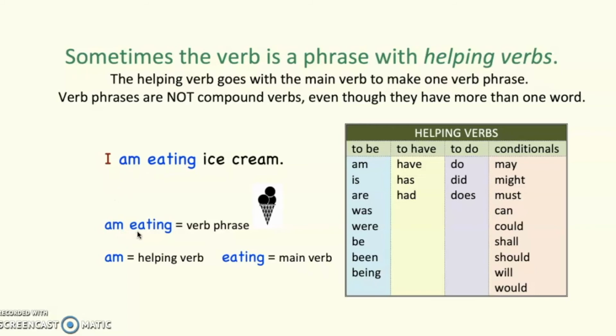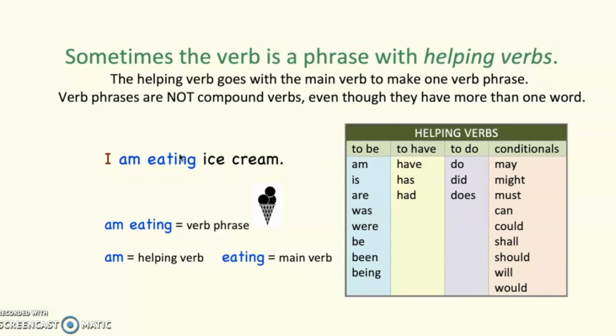The am in the phrase is the helping verb, and eating is the main verb. Here are some other helping verbs. The state of being verbs can be used as helping verbs. And then we have verbs related to have, to do. We have conditionals here. These can all be part of verb phrases. Sometimes they are not. Sometimes these verbs are by themselves.